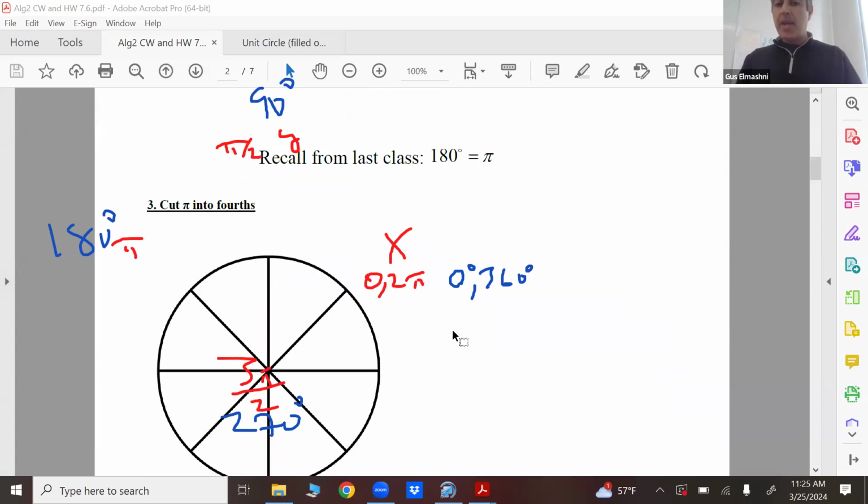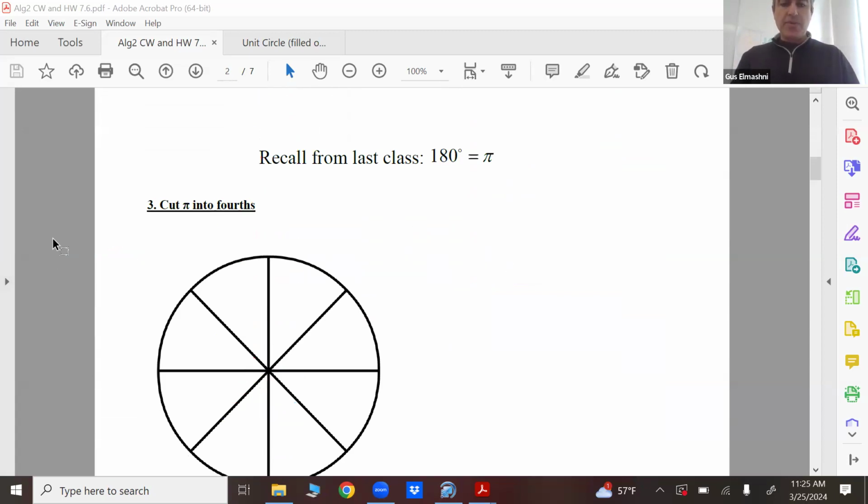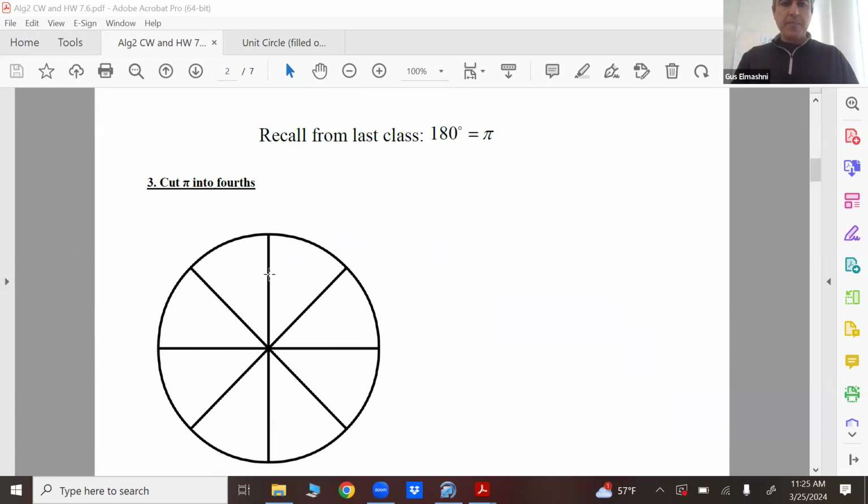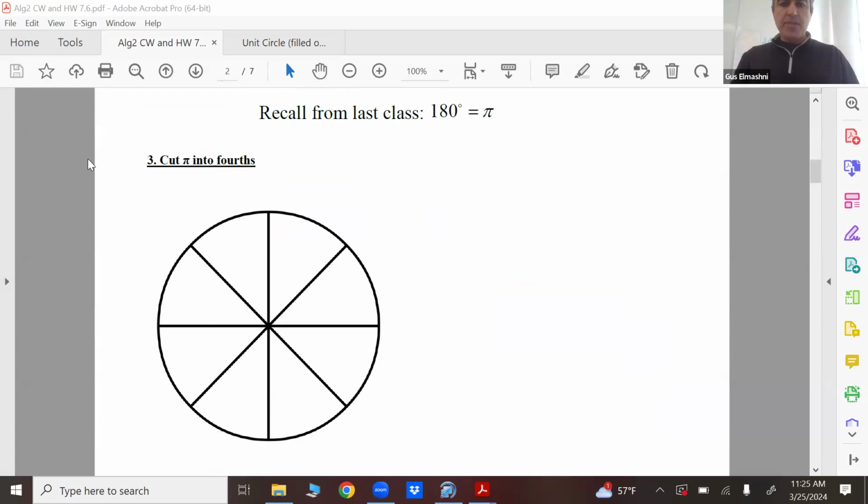So recall from the last class, 180 is pi. So let's break up the fourths just so you guys are comfortable with that. So again, we'll do degrees in blue. Okay, so degrees will be in blue. Radians will be in red. So here's where we start.